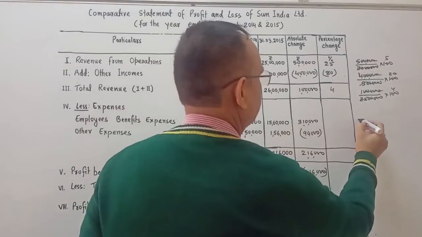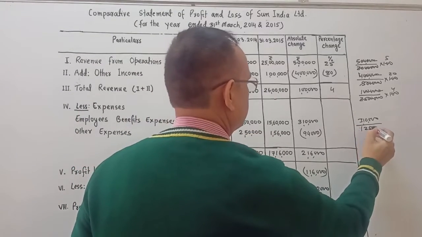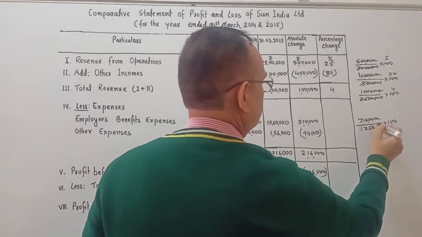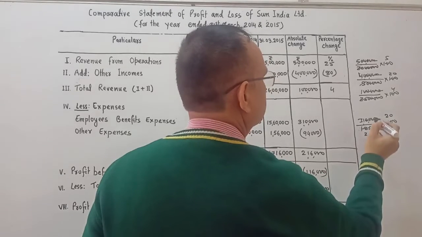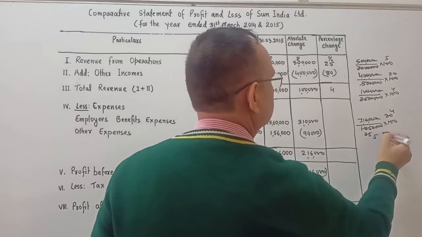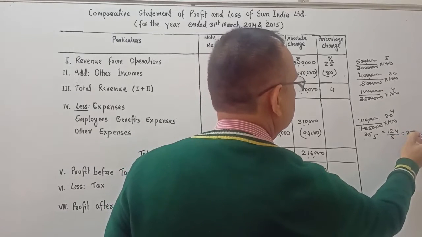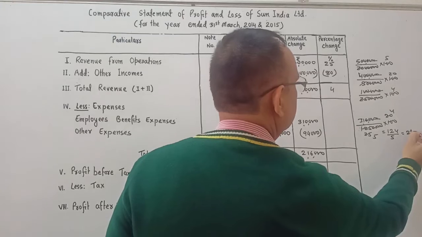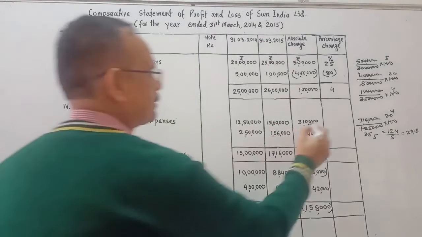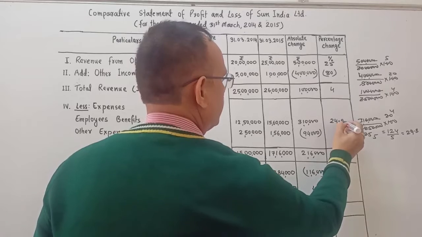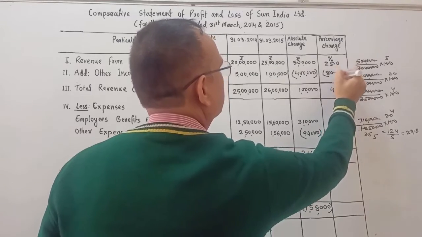Next, 3 lakh 10. Absolute change in figure is 3 lakh 10 and previous year figure is 12 lakh 50,000, into 100. So it is 24.8%.